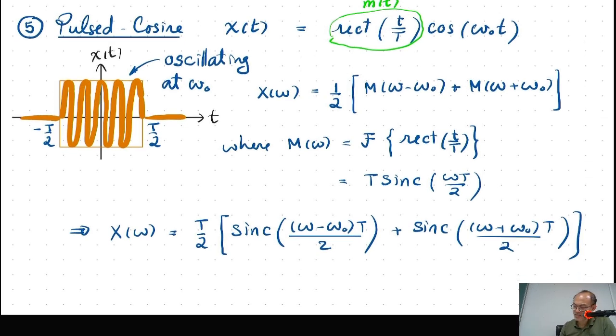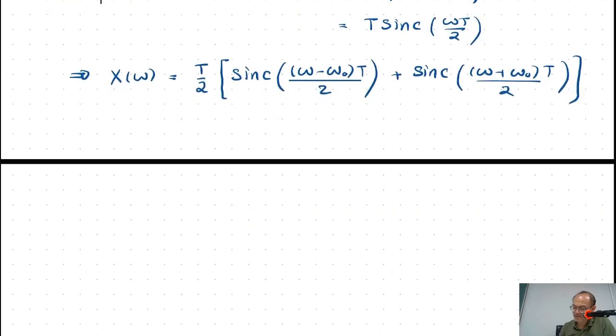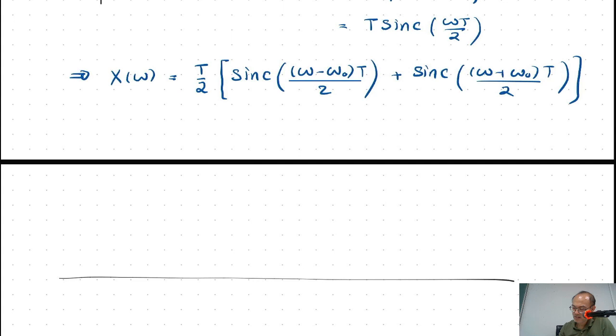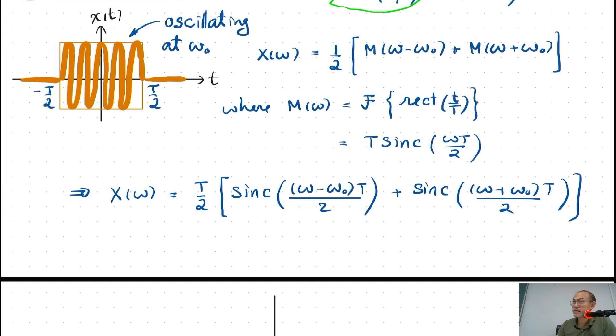Okay, so let's plot this spectrum. Let's give it a try. We know that this is just sinc shifted to the left and shifted to the right, and put them all on the same axis.